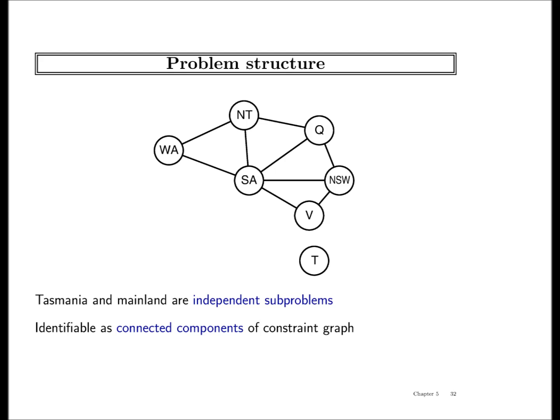As soon as you assign SA, what happens? You are left with a graph which looks like this. This is a tree, a path. This is a trivial problem that we are just going to see next. So that's the next step. It's called tree decomposition.